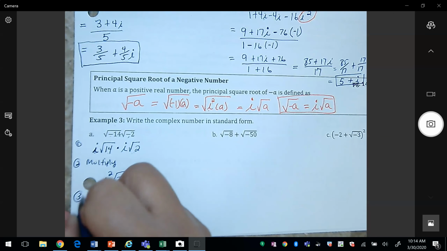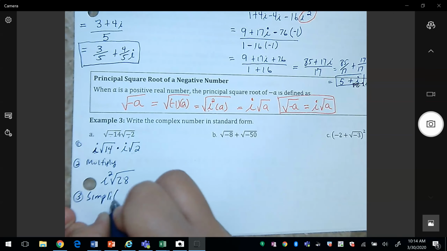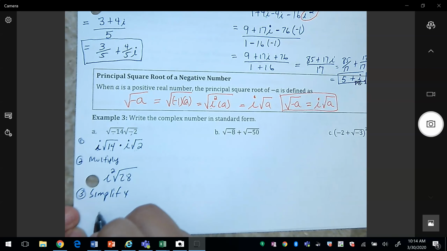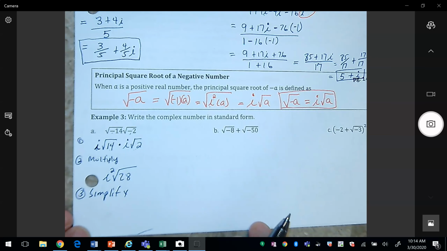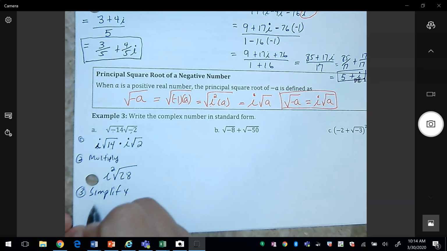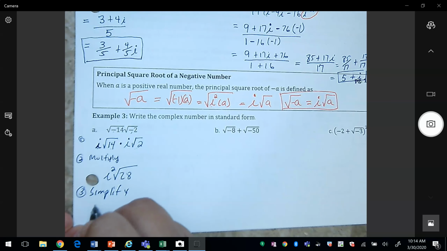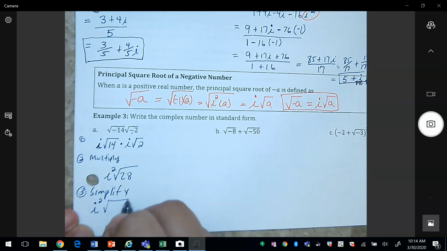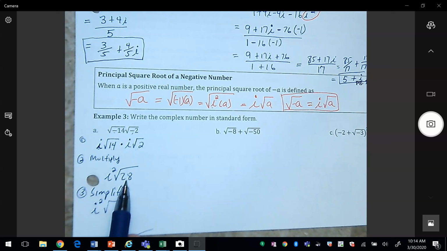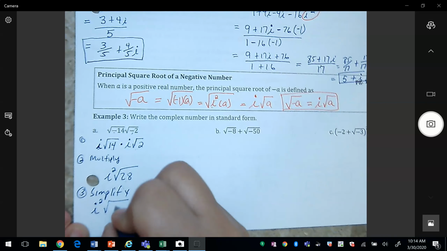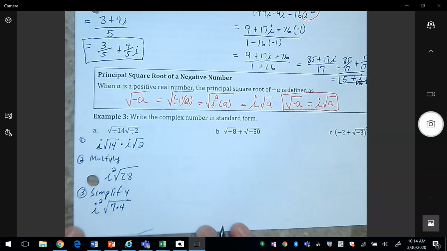Step 3, you want to simplify. So here we would have i squared times the square root of 28. So for the 28, you want to write it so that we can use a perfect square. So for example, here I can write 7 times 4, since 7 times 4 is 28.